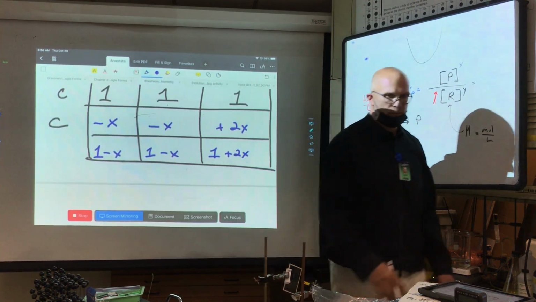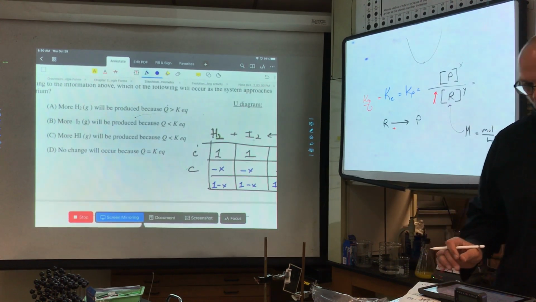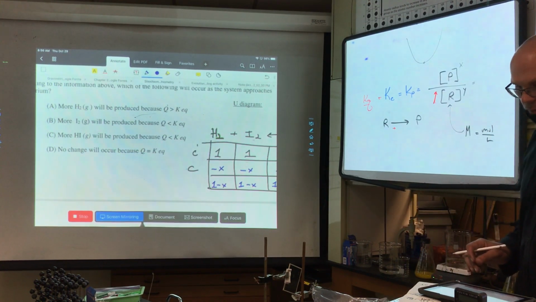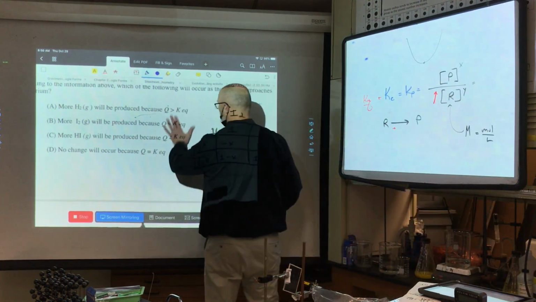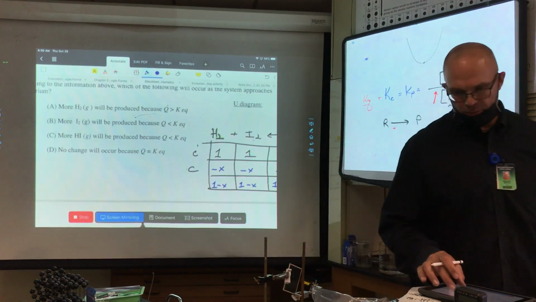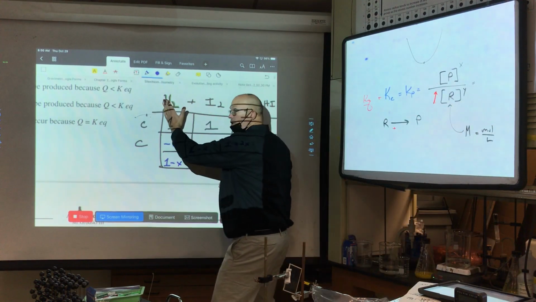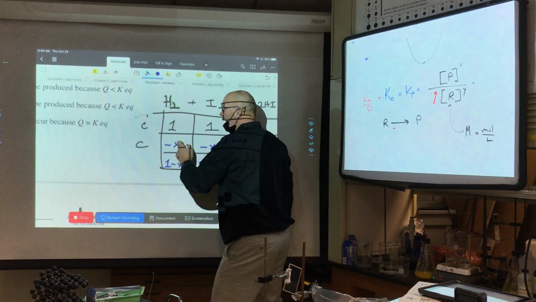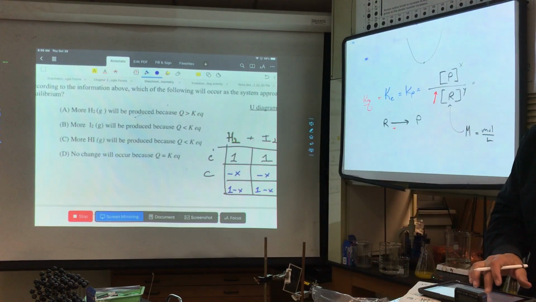Look at your choices now. Okay? More H2 will be produced. Now, forget about the Q. Forget about this Q right here. More H2 will be produced, right? So more H2? No, it's going to go down. It's going from a Q equals 1 position to a K equals 50. It's going to go down. So I get rid of that. Okay, more I2 will be produced.